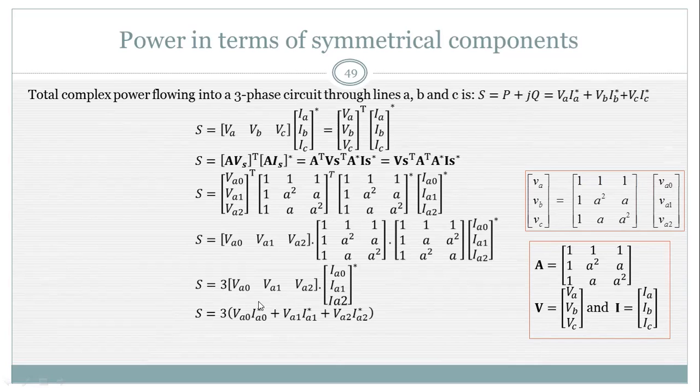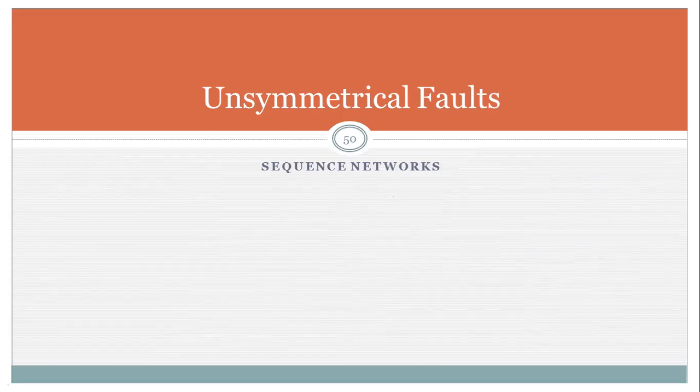So the complex power equation in terms of symmetrical components is 3 times (VA0 I0 conjugate plus VA1 I1 conjugate plus VA2 I2 conjugate). This 3 is multiplied with the whole equation. This is the derivation of complex power in terms of symmetrical components.